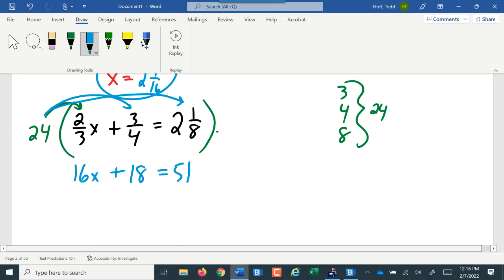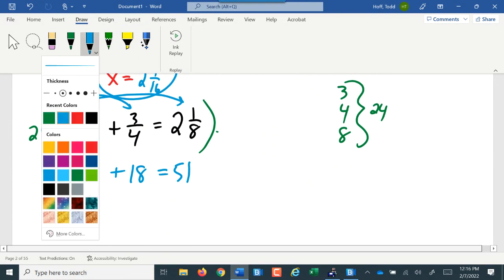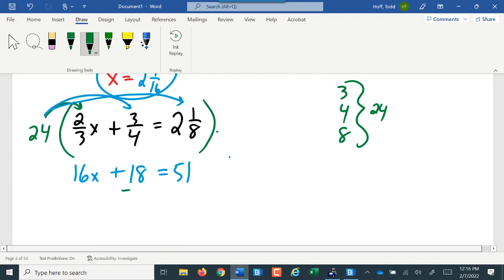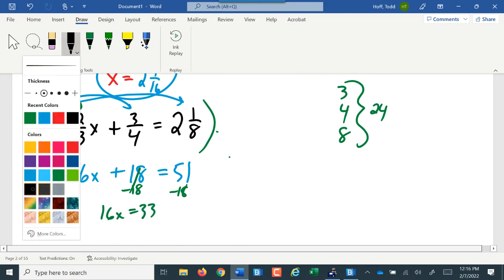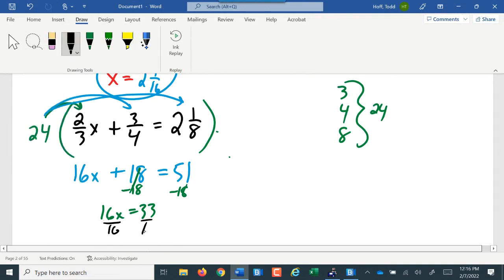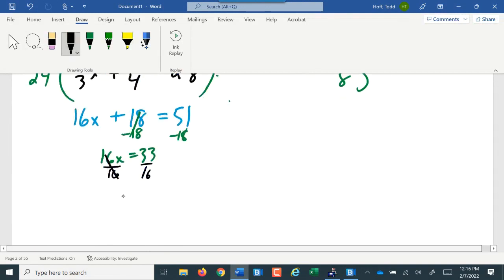Again, you might have to do a little bit more work multiplying those out, but you'll get to that equation, and now it can be solved without any fractions. 16x equals 33, and divide by the 16. And x equals 2 and 1/16.